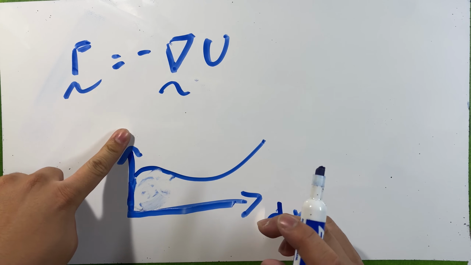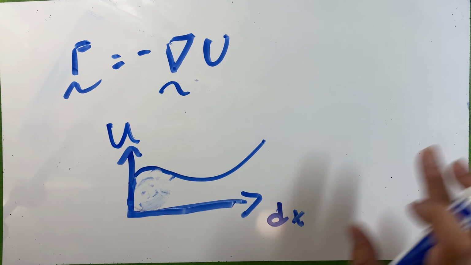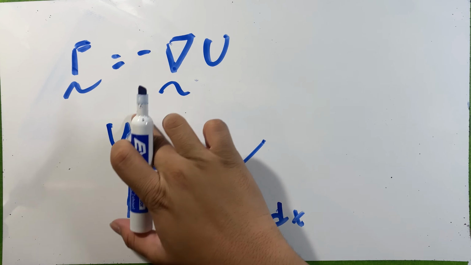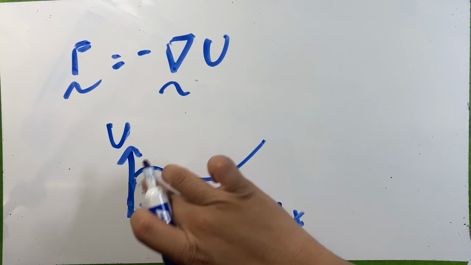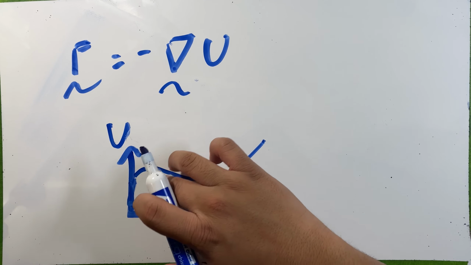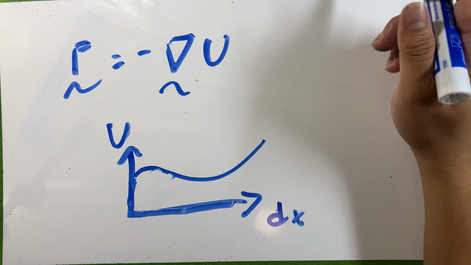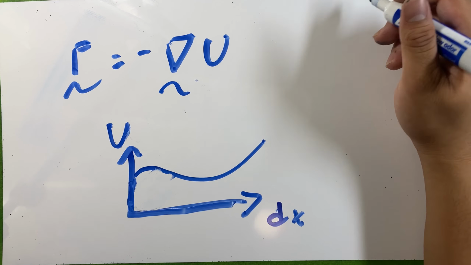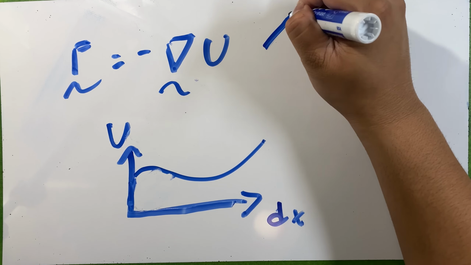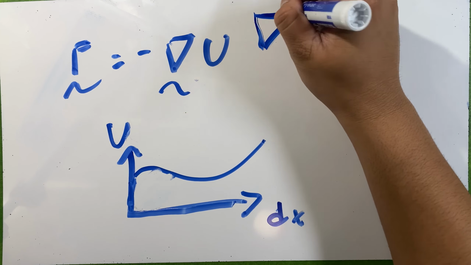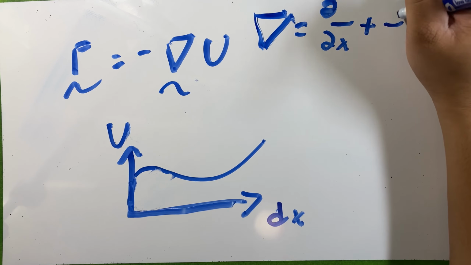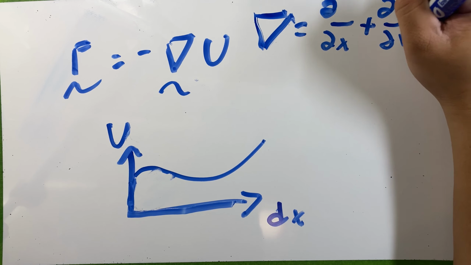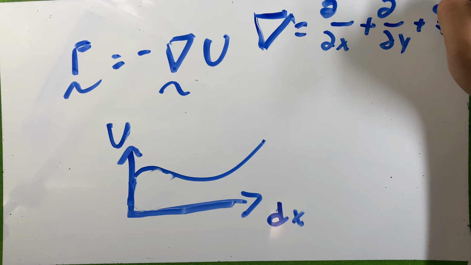Let's pretend you have a graph of the potential energy, U, at some point. The gradient, which is this triangle right here, is just going to be the partial derivative in terms of x plus the partial in terms of y plus the partial in terms of z.